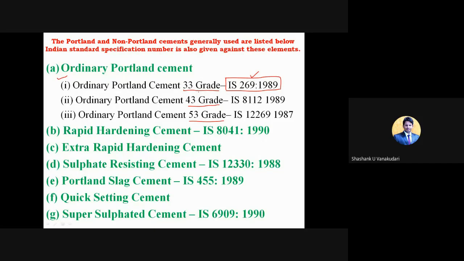After conducting different tests on these cements, they exhibit some results, and the standard OPC will have certain standard results. Whether your own cement is gaining that strength or the other specification properties or not, we need to check by referring to this code book. Code book means what?